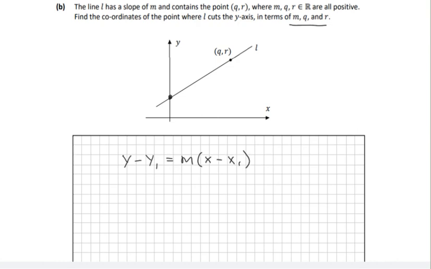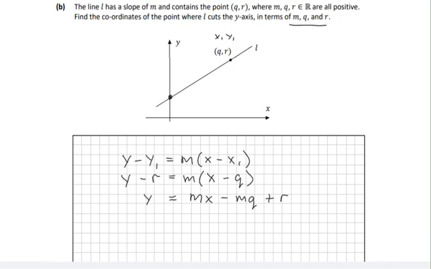So the point Q, R is x1, y1, and slope m. So y minus y1, so that will be r, and that's equal to m by x minus q. Multiply out and bring over your r, and we will get y equals mx minus mq plus r.